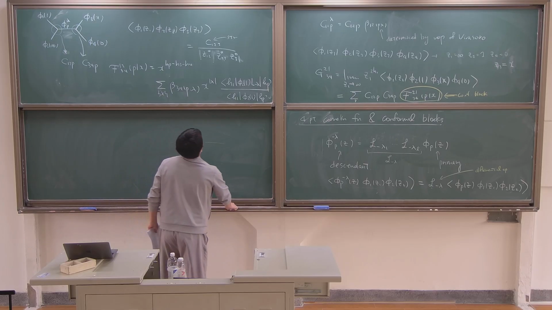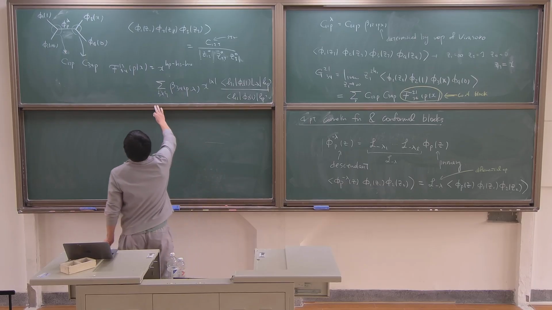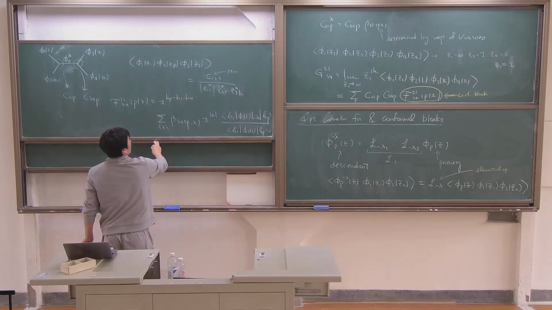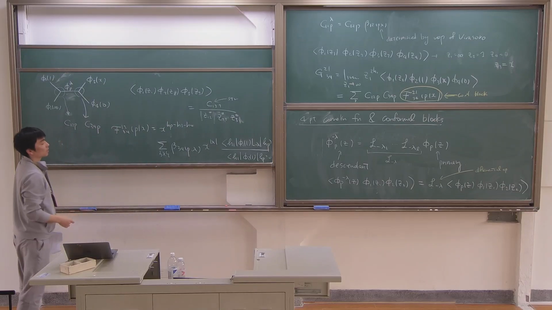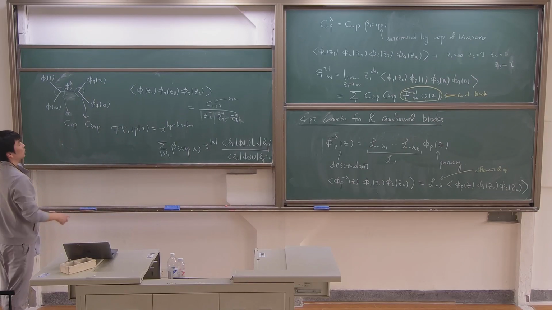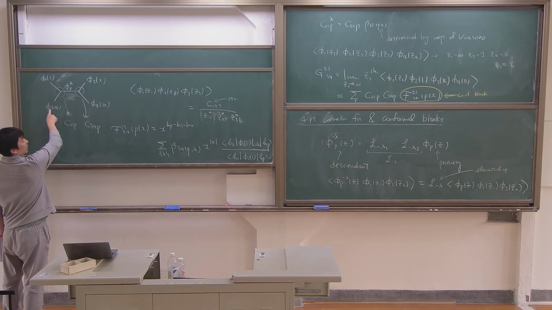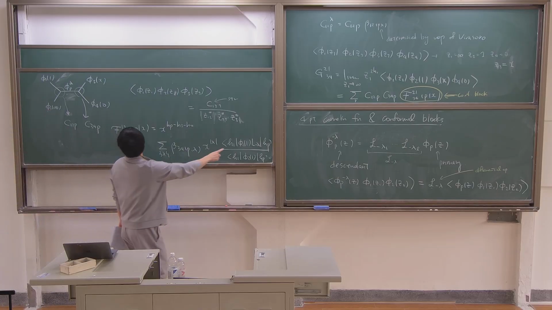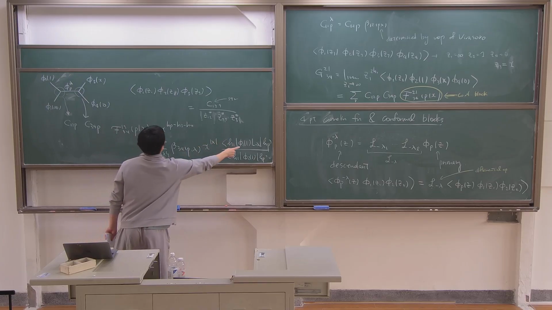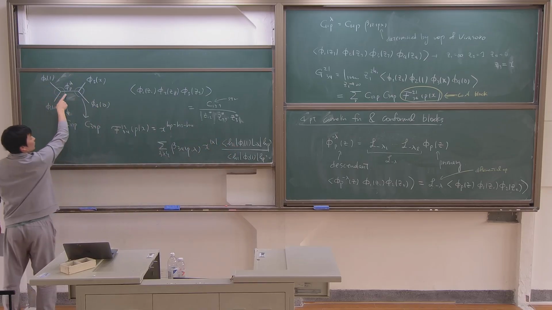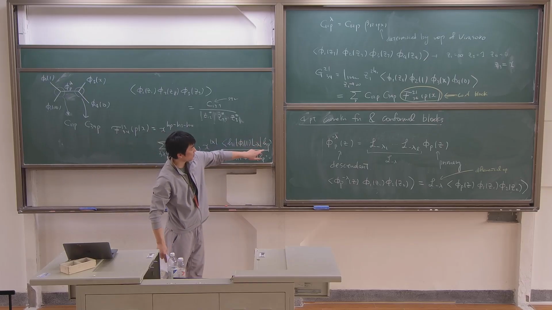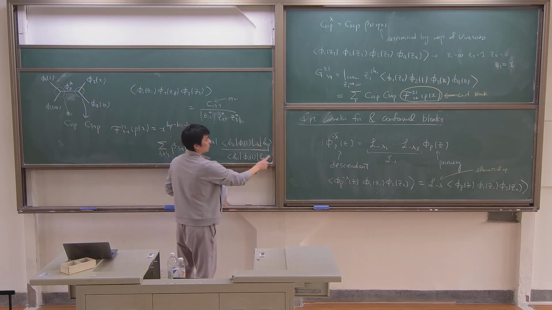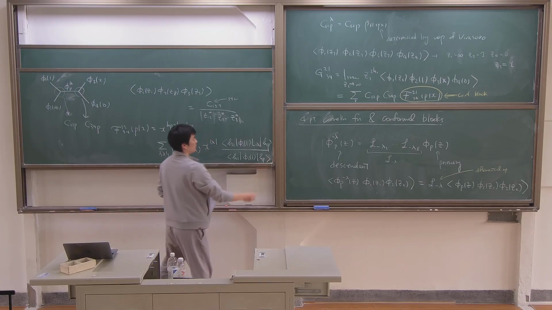So what's really happening is that here H1 is this guy, and this phi is this guy, and in the middle you have the descendant coming here, and this denominator is just normalization.